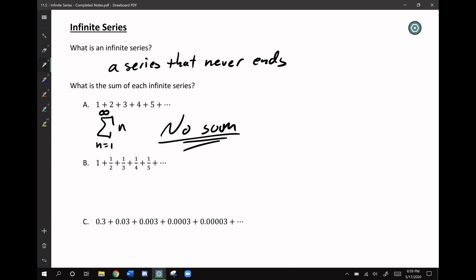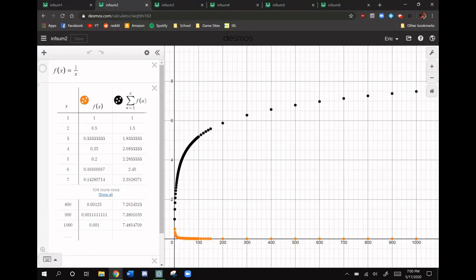Let's look at this one. This is 1 plus 1/2 plus 1/3 plus 1/4 plus 1/5. Well, this is just the sum from n equals 1 to infinity of 1 over n. Let's go back to Desmos. This one looks like it's approaching something because it's tapering off, narrowing down and getting closer to something.